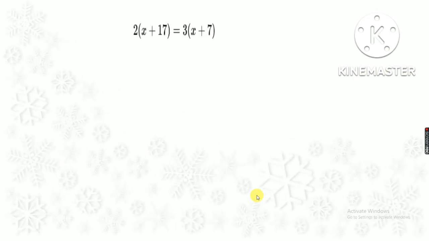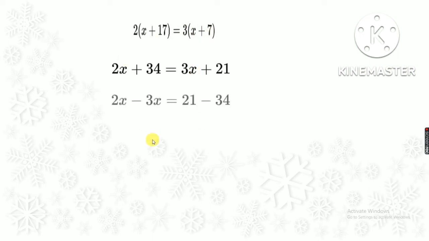Now solving this, we got 2x plus 34 is equal to 3x plus 3 multiplied by 7, 21. Now we would transpose 3x to the left hand side. We got 2x minus 3x is equal to 21. We transposed 34 to the right hand side.